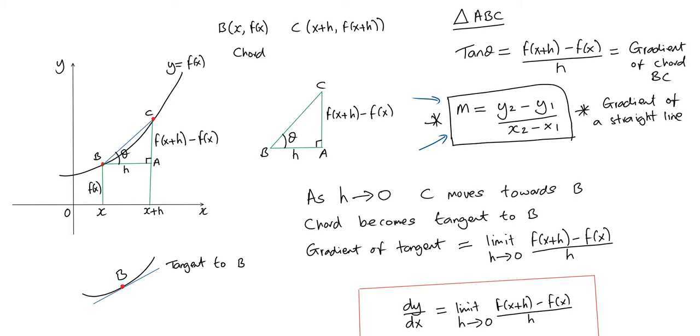Now the x value is h. The difference between the two x values, this is x and this is x plus h, so the difference between them is h, between B and C. The difference in height, or the y values, is f(x plus h) minus f(x).